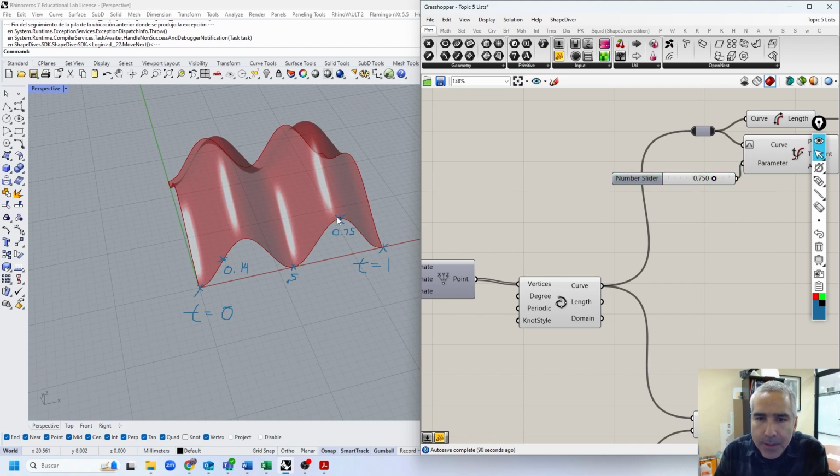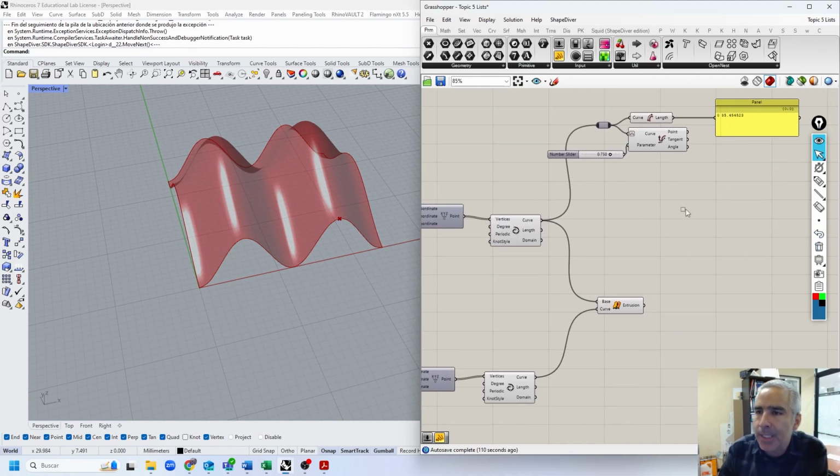You can see that it moved over there. So you can think of a reparametrized curve as a curve that has a new domain from 0 to 1. It's sort of like a percentage or a fraction of the curve. Basically, the whole curve will go from 0 to 1.